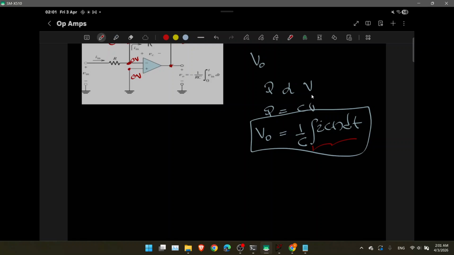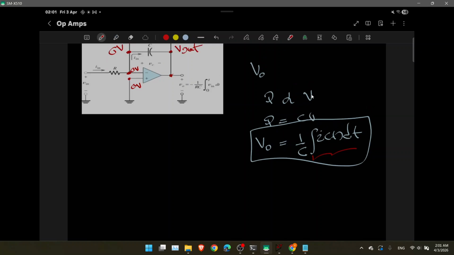We supply some kind of input voltage, and with that input voltage the current is changing, and since the current is changing, the output voltage is some kind of integration. So how can we connect that V in here?